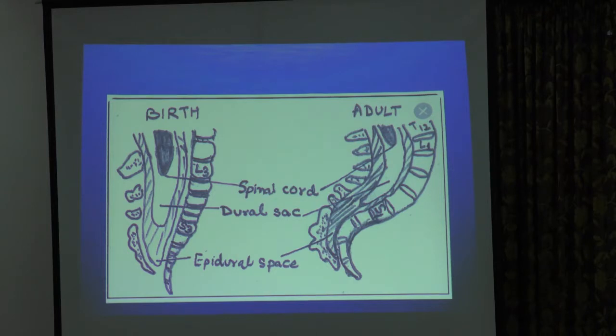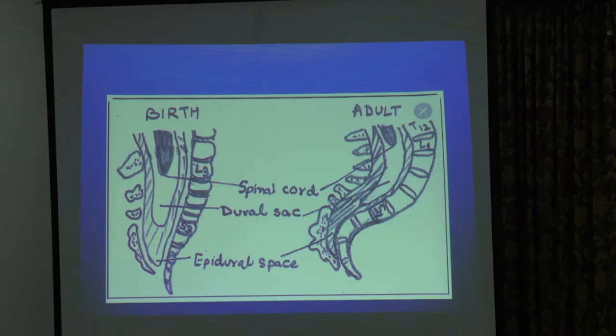Because the cord ends at around L1, L2 in adults, but in children it comes down a bit. There are also people who are variants, some of whom have the cord come a bit lower. So between L2 and L3, it's not safe for everybody. You can do it, but it's not safe for everybody. But if you stick between L3 and L4, and then L4 and L5, that is fairly safe. So you can give your injection here and have your spinal anesthesia.